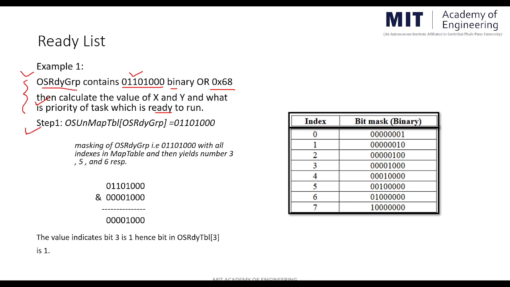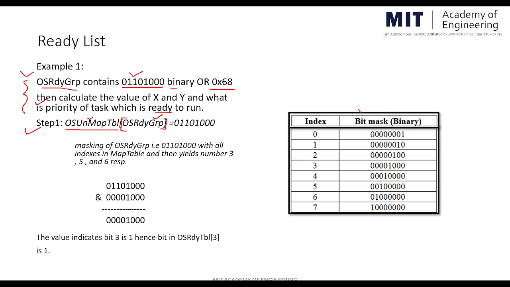The kernel is following these two steps, or two masking procedures, to understand the value of the priority which is ready to run. One more structure is taken into account here, that is the OS unmap table, the unmap table of OS_RDY_GRP. The OS_RDY_GRP value is taken as an input for this OS unmap table. So what is this OS unmap table?